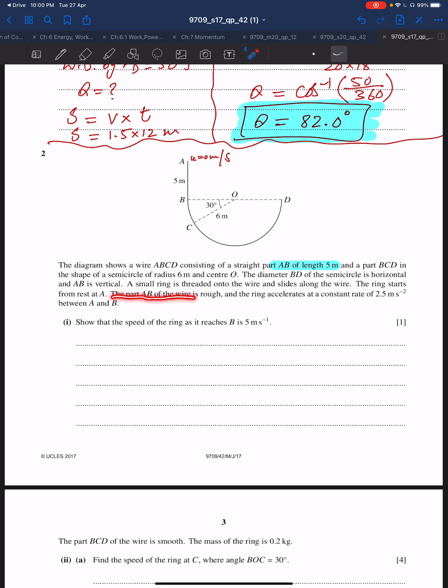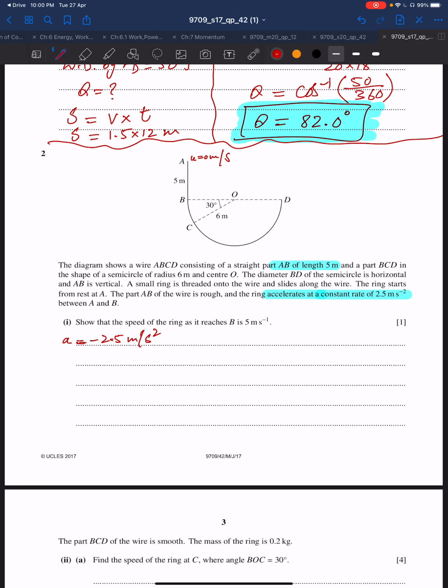The part AB of the wire is rough and the ring decelerates due to roughness at a constant rate of 2.5 meter per second square. Now you are given the deceleration, so you can highlight this: a is equal to minus 2.5 meter per second square between A and B.